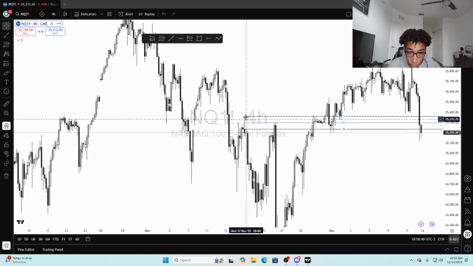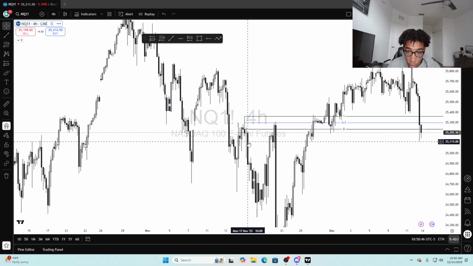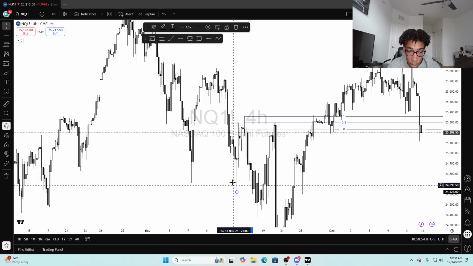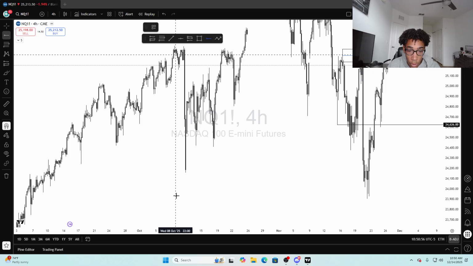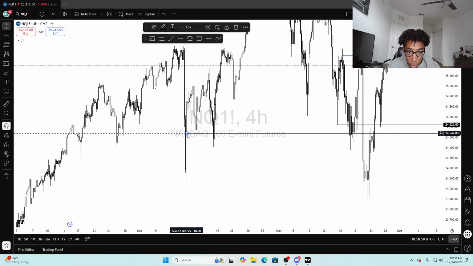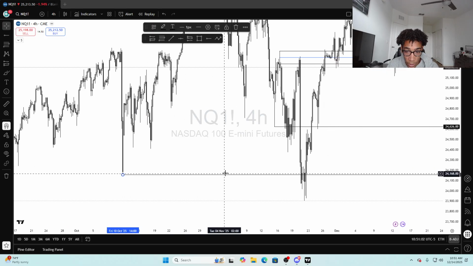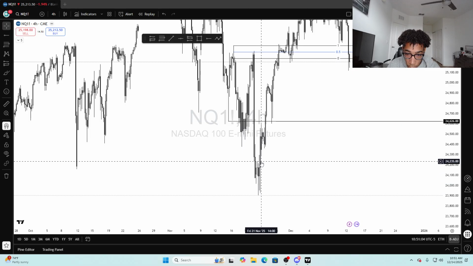So we get this rejection block, and now come New York session and later in the next following days, we head lower towards this low right here, and then ultimately our main draw on liquidity, which is this low down here, right? And then guess what we do? We leave a rejection block here at the bottom, and we head higher from there.